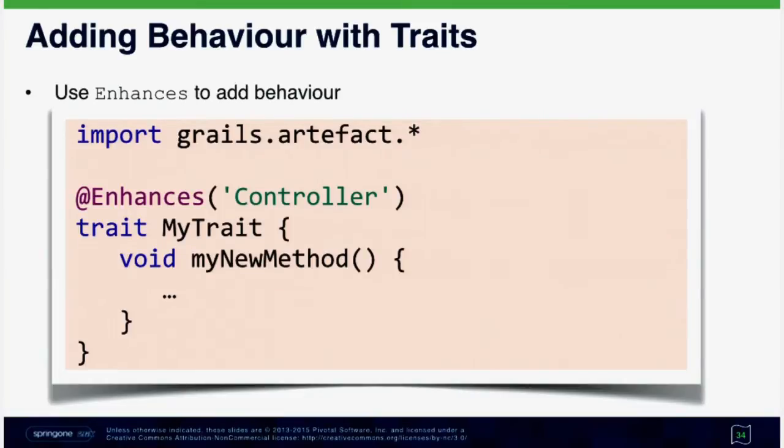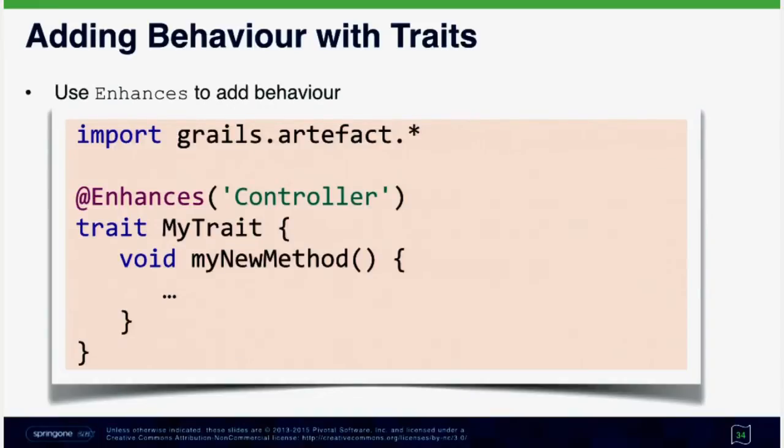I put the constant string in there, but we have actual constants in the framework. You can use ControllerArtefact.TYPE instead. It's just shorter for the slide. But you can say @Enhances controller, and then you define your trait, and you can create whatever additional methods you want, and those get weaved into your controller.